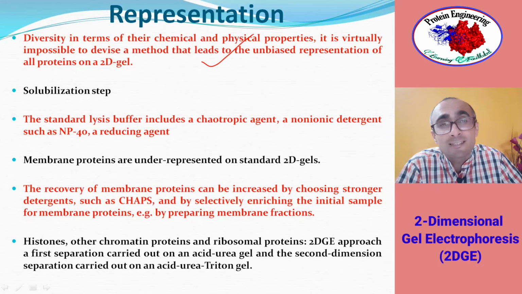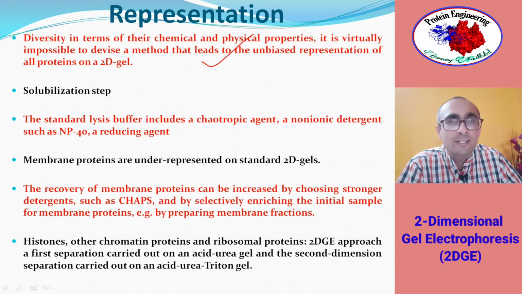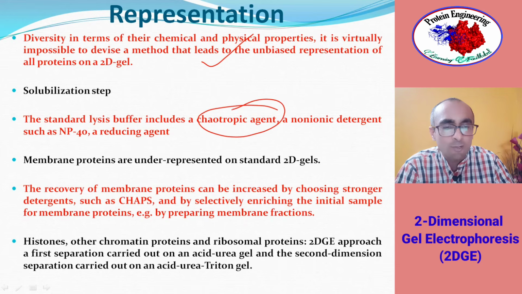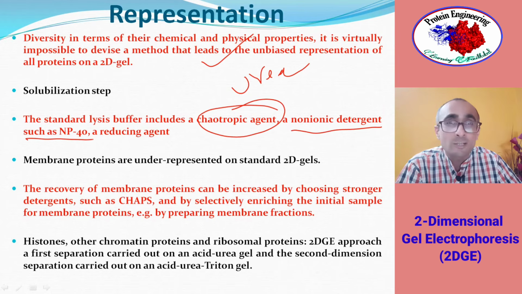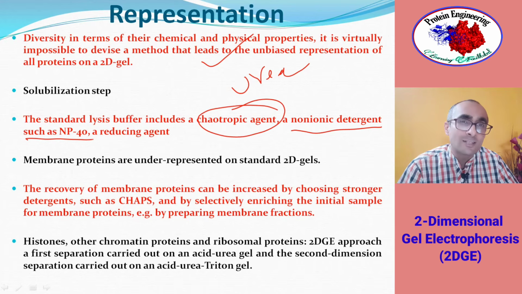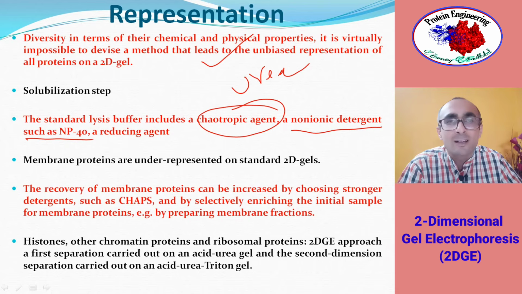The major problem comes at the solubilization step. In general, the standard lysis buffer in 2DGE uses a chaotropic agent like urea, and along with the urea you have a non-ionic detergent such as NP40. You don't use SDS here, because if you use SDS before running 2DGE, it gives negative charge to all the proteins and you cannot run isoelectric focusing.